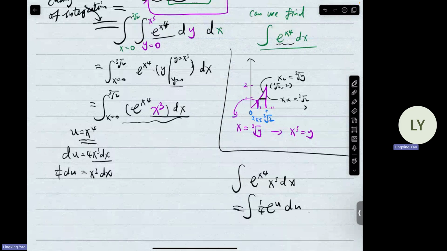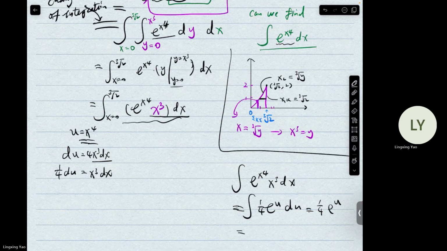So the antiderivative is indeed 1 over 4 e to the u, which is 1 over 4 e to the x to the 4. So this is what we should have. And now we just use this antiderivative, right?